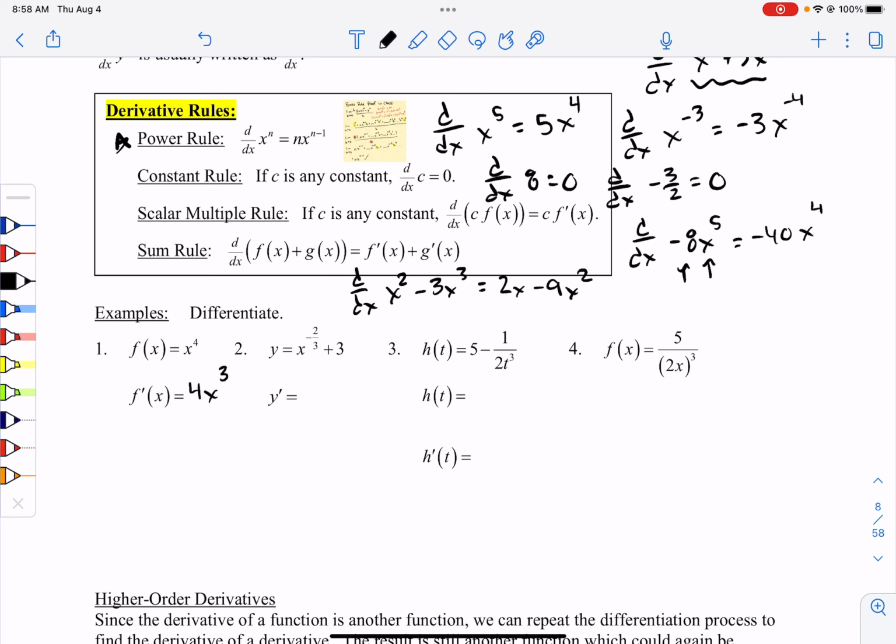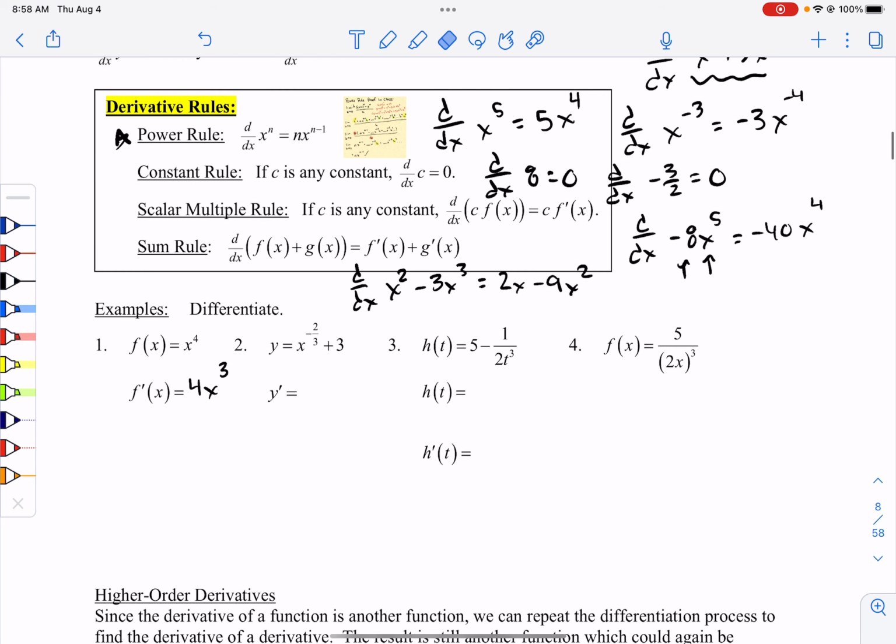Number 2, y equals x to the negative 2/3 plus 3. So we're going to do one of these at a time. The x to the negative 2/3, the negative 2/3 goes to the front. The x stays where it is, but I have to minus 1. So to minus 1 from negative 2/3 is going to become negative 5/3.